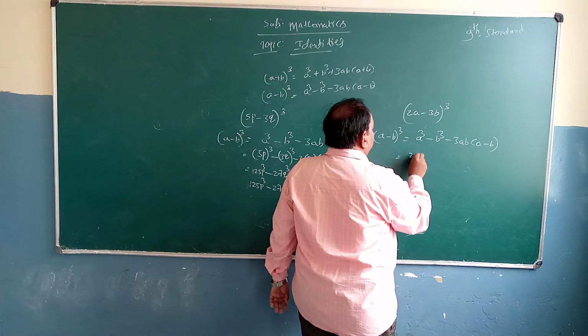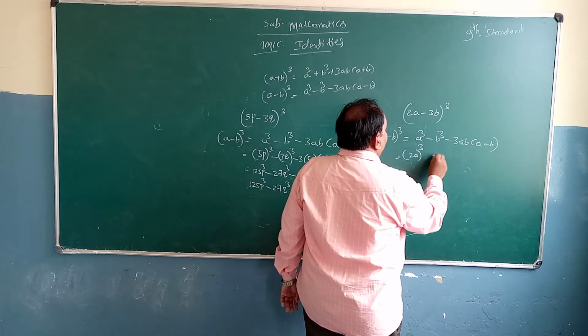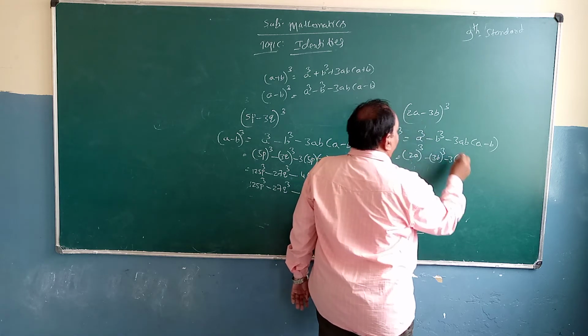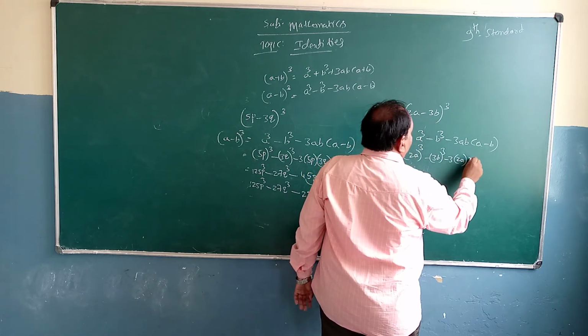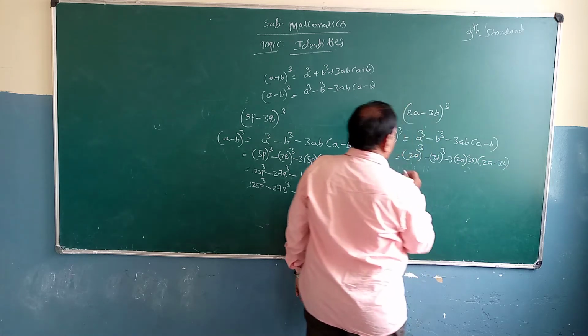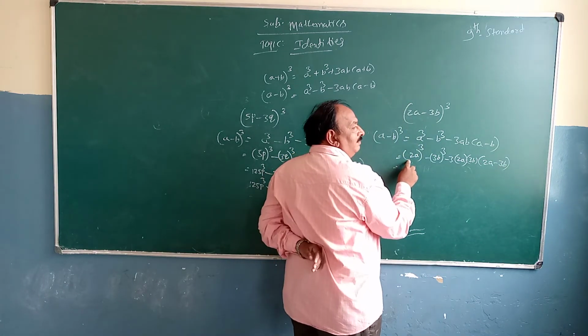A is 2a whole cube, b is 3b whole cube, minus 3 into what is a, 2a, b is 3b, into 2a minus 3b.